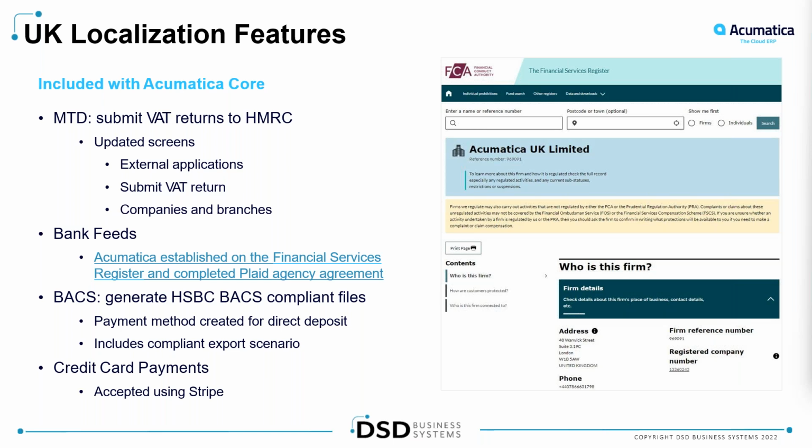So for the UK localization, there's some exposure to VAT returns and going out to connected entities or connected websites to publish these. There are also enhancements within the bank feed process, and within the UK localization, there are some credit card capabilities coming using Stripe as a backend processor.